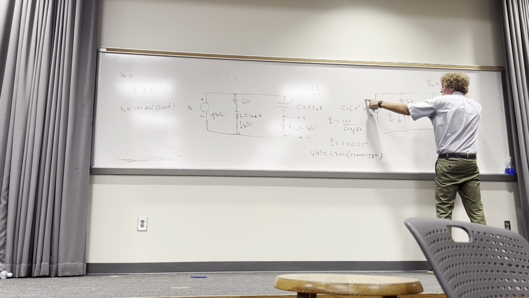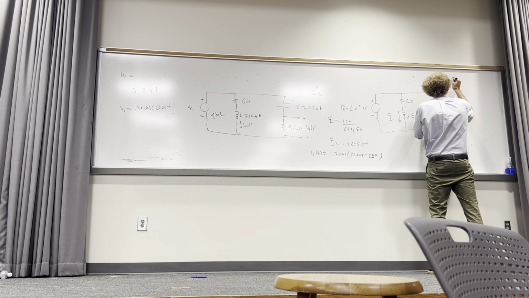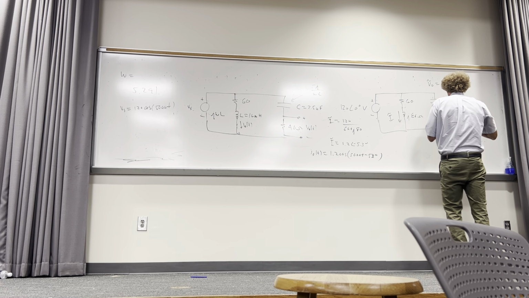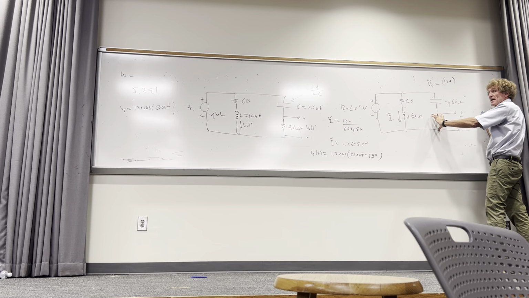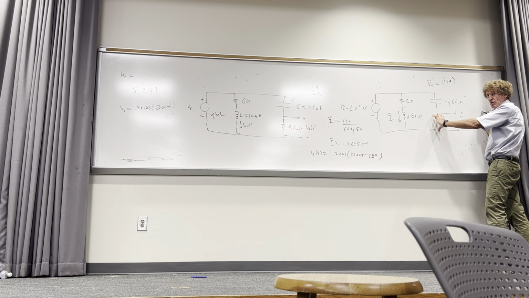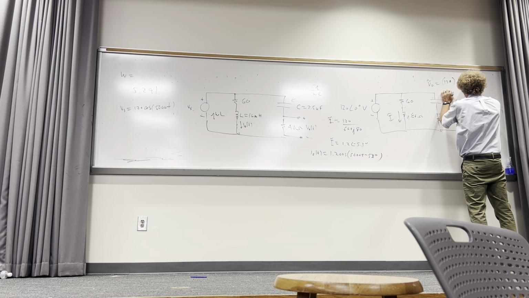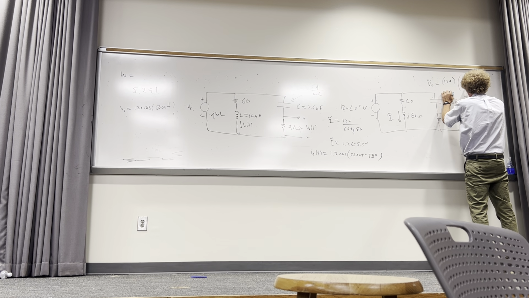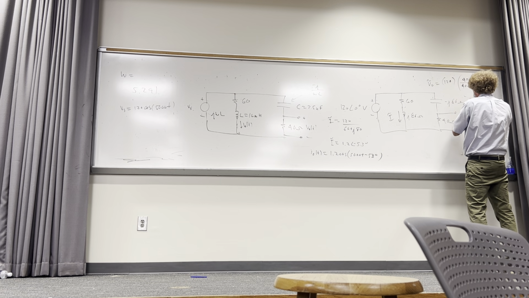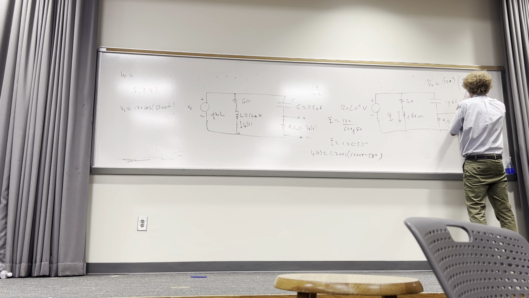So the voltage here is 120. Now, calculate this with me. For voltage division, take the element you want the voltage across, which is 40, and divide it by the sum of 40 plus, or minus in this case, J80.